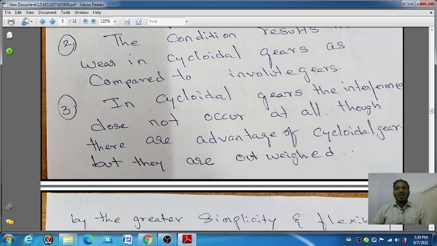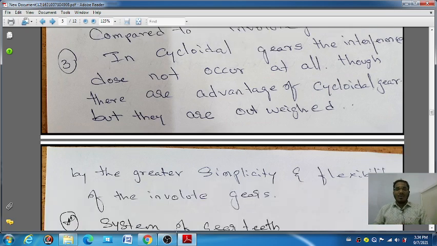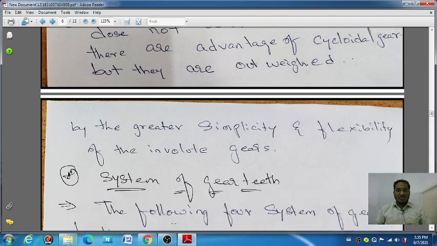Cycloidal gears do not interfere with other components of the machinery, which is a big advantage for us, but it is outweighed by the simplicity and flexibility of involute gears compared to cycloidal gears.